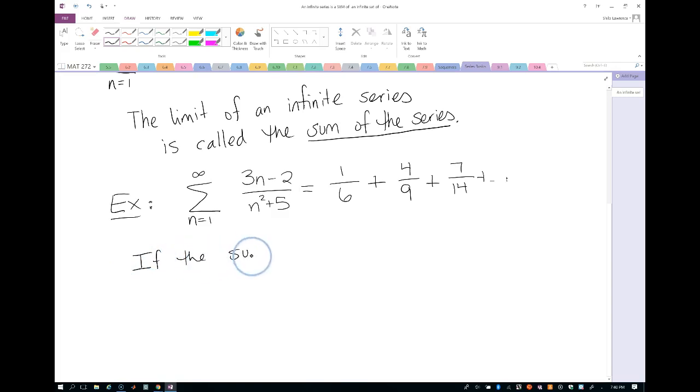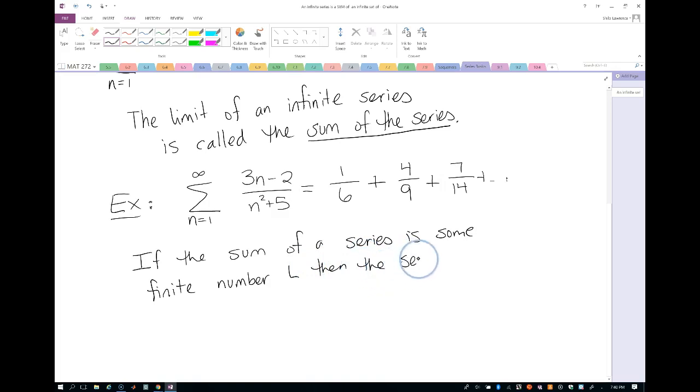So if the sum of a series is some finite number L, then we say that that series converges. Otherwise, it diverges.